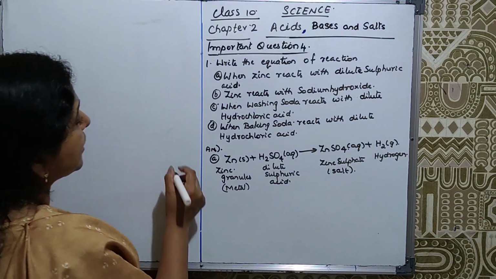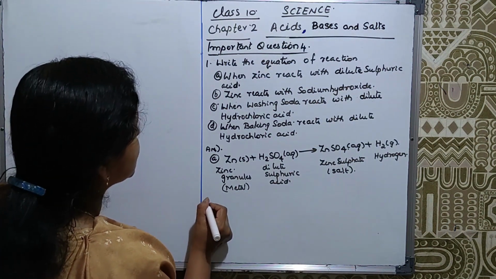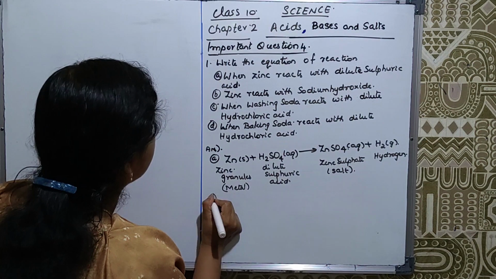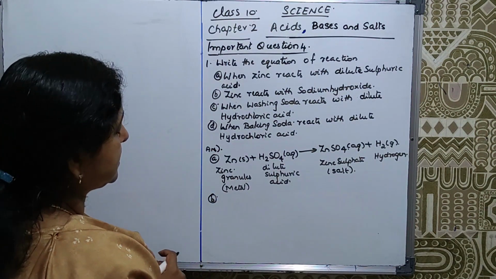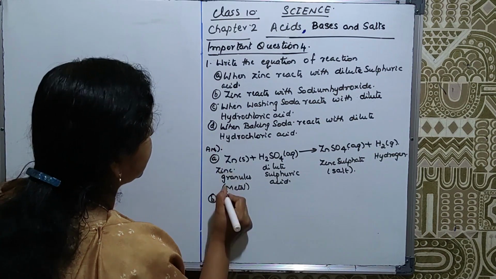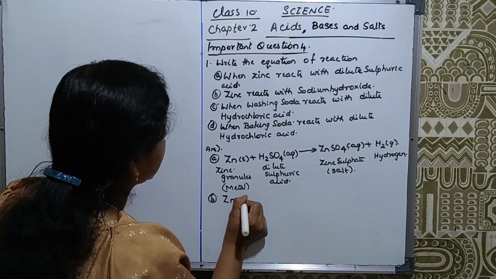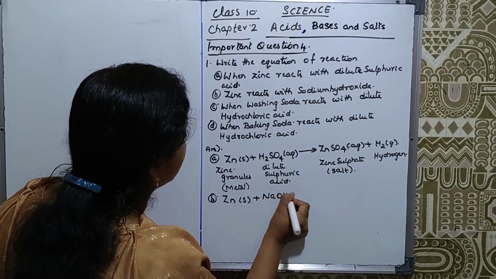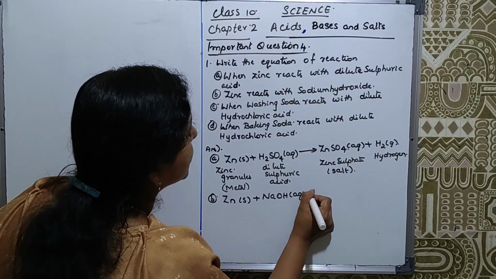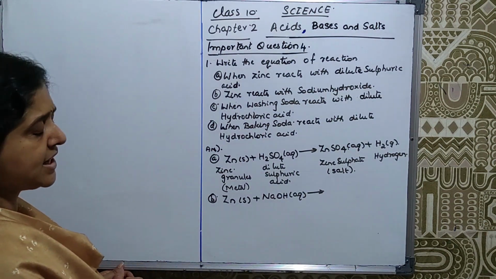Now, second, the B part, zinc reacts with sodium hydroxide. Metals do not react with all the bases; with a few bases, these metals will react. So one case is zinc reacts with sodium hydroxide. Sodium hydroxide formula is NaOH aqueous, to give sodium zincate.